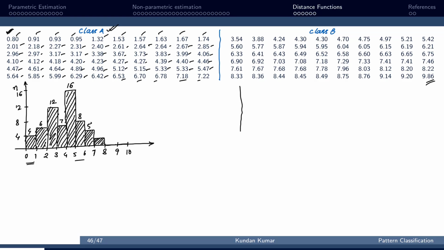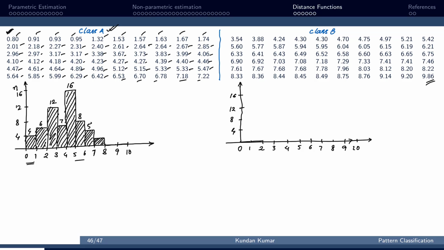Similarly, we can find the histogram for the data samples belonging to class B. We have chosen the bin size 1. In the first bin, we don't have any samples.